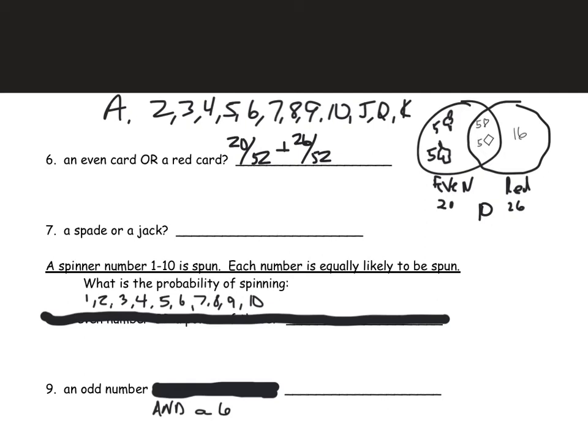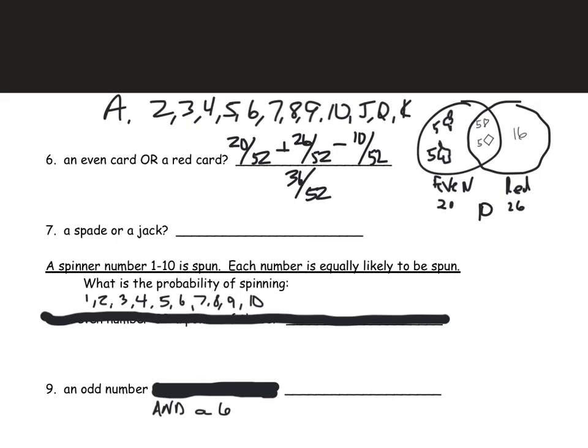Well, the 5 hearts and 5 diamonds were counted for twice, so I have to take out 10 that were counted for twice. So 20 plus 26 is 46. Minus 10 is 36 out of 52. So the probability of me pulling out an even card or a red card is 36 out of 52.